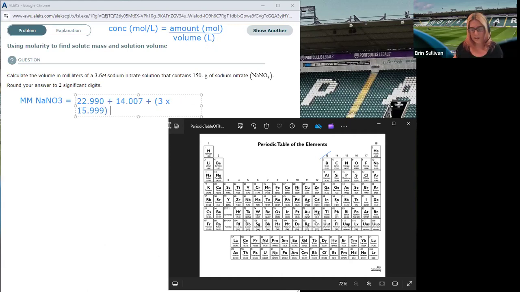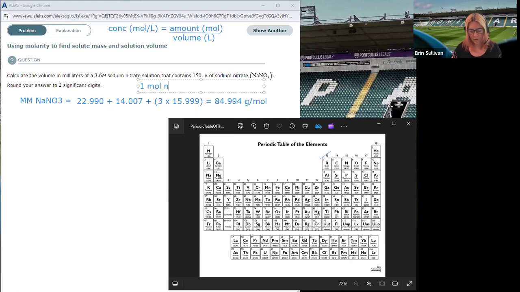So what is that going to equal? All right, so 3 times 15.999 plus 14.007 plus 22.990. Okay, so that gives me 84.994 grams per mole. So remember, if you get a little bit stuck with the mass to moles, you can always rewrite that as an equivalency.